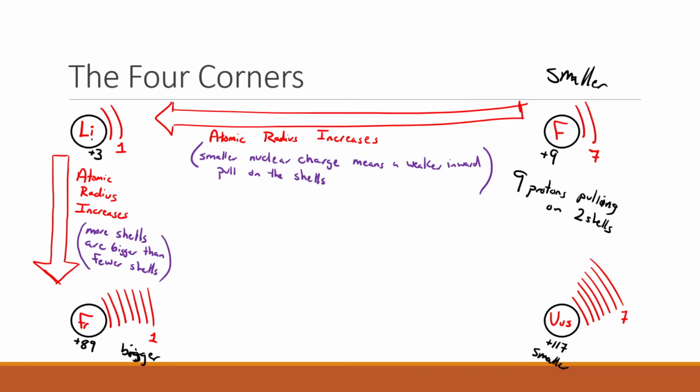So lithium with its nuclear charge of +3 versus fluorine with its nuclear charge of +9 means that fluorine is going to be smaller. It has a better inward pull.